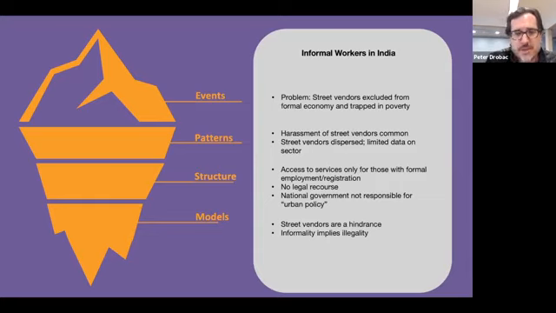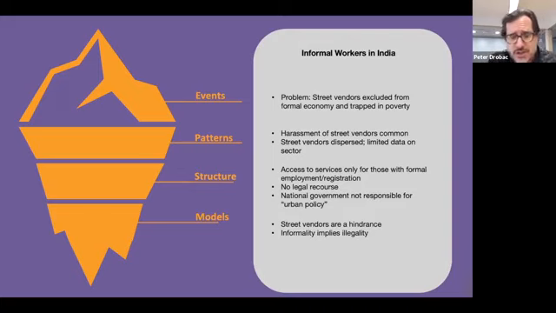Another pattern was that in most places that Nidan was engaging, they found that street vendors were totally dispersed. And in fact, there was limited data on the sector, so there wasn't great visibility into some of those trends and how big a problem there was. There wasn't even clarity on how many informal workers there were in the country at the time.